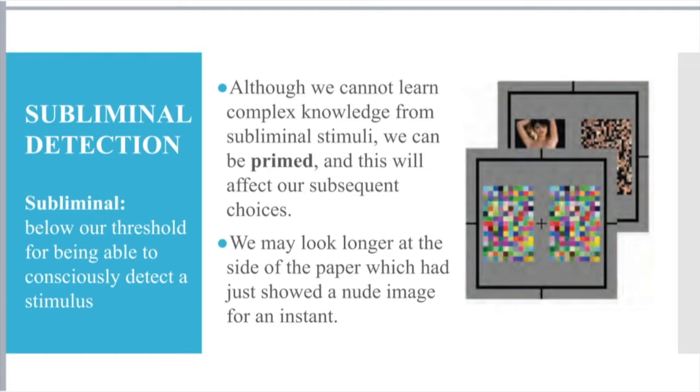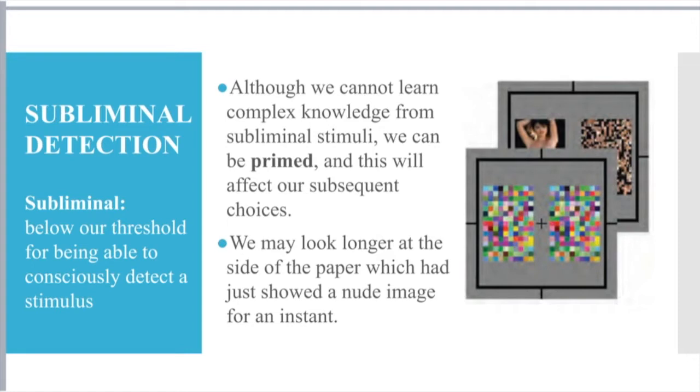So the research component of this, the experiment that was done, if you look on the right side here, where there are these two images: people were sitting in front of a screen and were flashed the top photo, which had neutral colored dots on the right side and a nude picture on the left side. It was flashed for such a short amount of time that they wouldn't have been able to tell you what they saw, or if they saw anything.